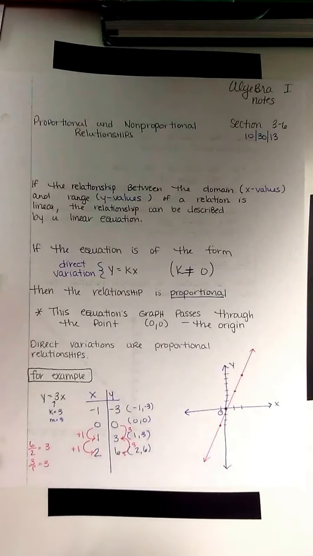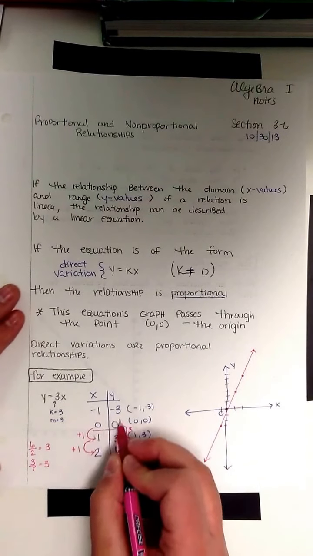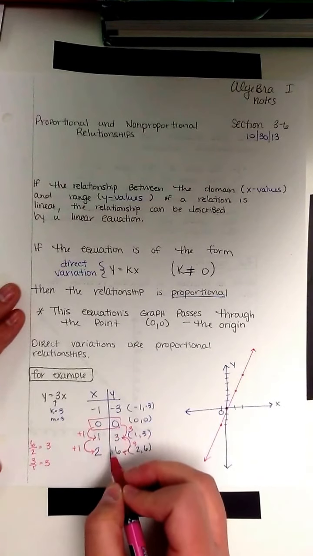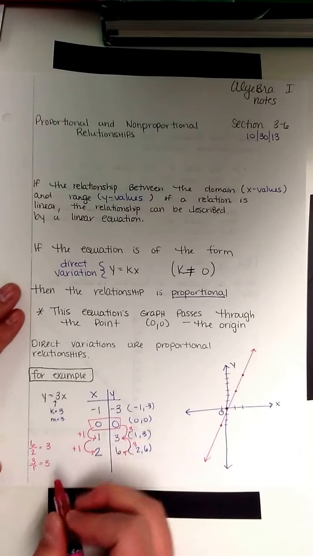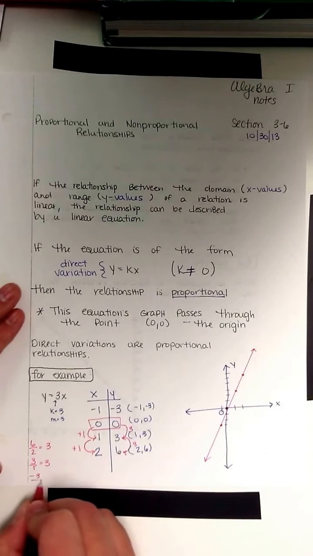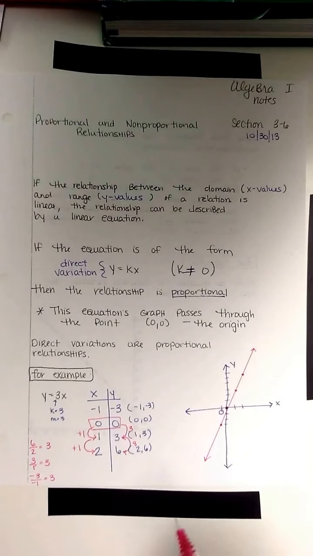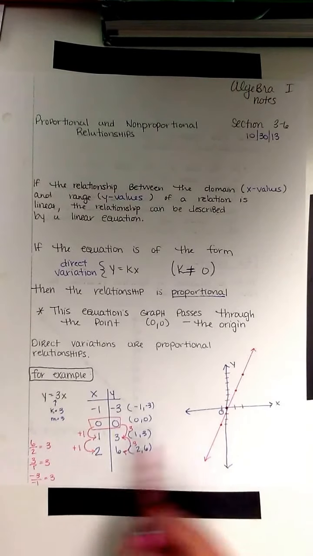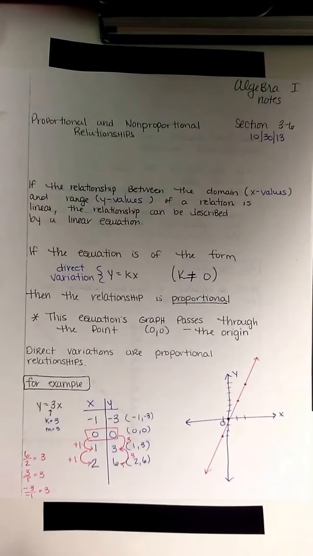Now the only ordered pair in here that this does not apply to is the origin. 0 compared to 0, so 0 divided by 0, doesn't count because that's not going to give us 3. But if I talk about -3 over -1, I get 3. So when you're dealing with direct variation problems, you ignore the ordered pair 0, 0. It will never make this true. But for all the other terms, you should get the same proportion.